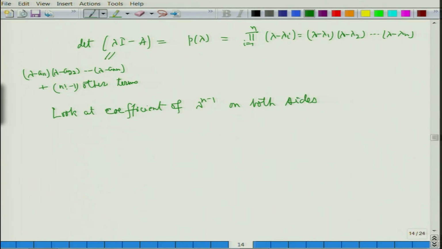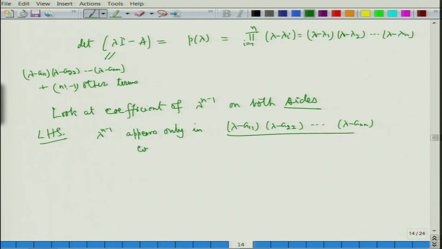On the left hand side, as I said, lambda to the power n minus 1 appears only in lambda minus a11, lambda minus a22, up to lambda minus ann, and this gives me the coefficient of lambda to the power n minus 1 as minus of (a11 plus a22 plus ann), all right.